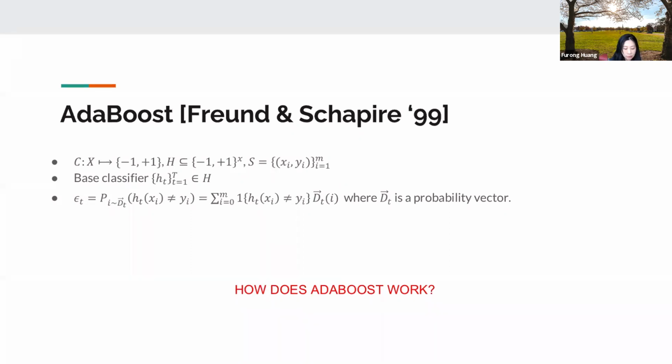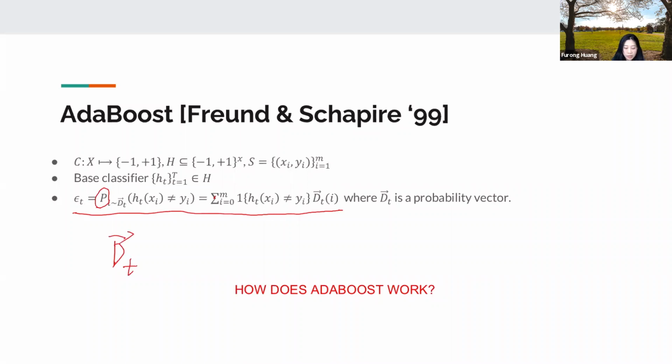Now the base classifier is going to be an element belonging to your hypothesis class H. And you have T such base classifiers, okay? Now, I wanted to emphasize one thing, which is epsilon T. Although I put a probability here, it is a little bit misleading, because I'm using a dt vector here.